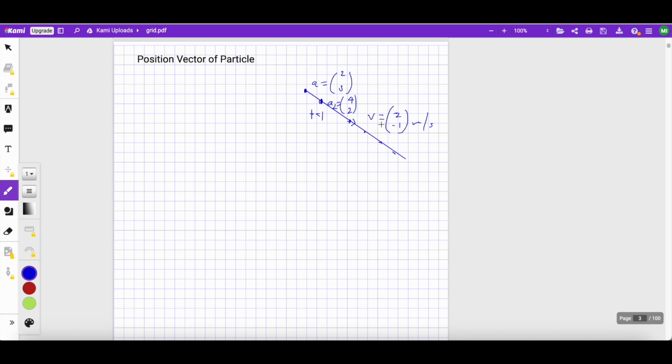So all in all, we can find any position of a particle using this formula, where r equals a plus vt.